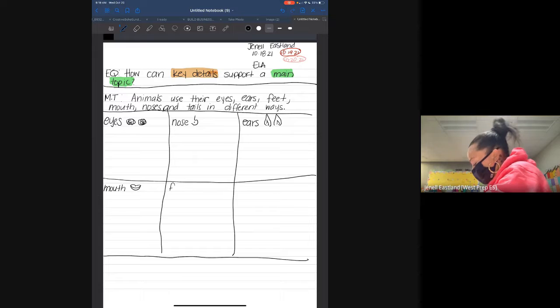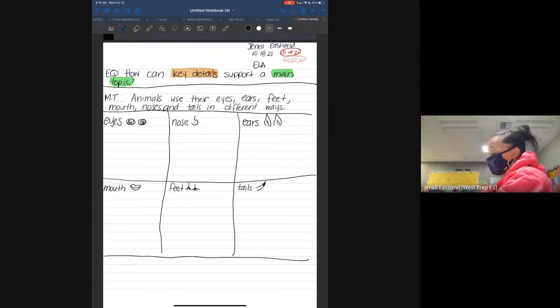We did feet. And I'm going to change my feet so they don't look like hands. But we got feet. And then we did a tail. Right? And we did a little tail, right? And I'll just make a tail like that. Cool. And we got tails.